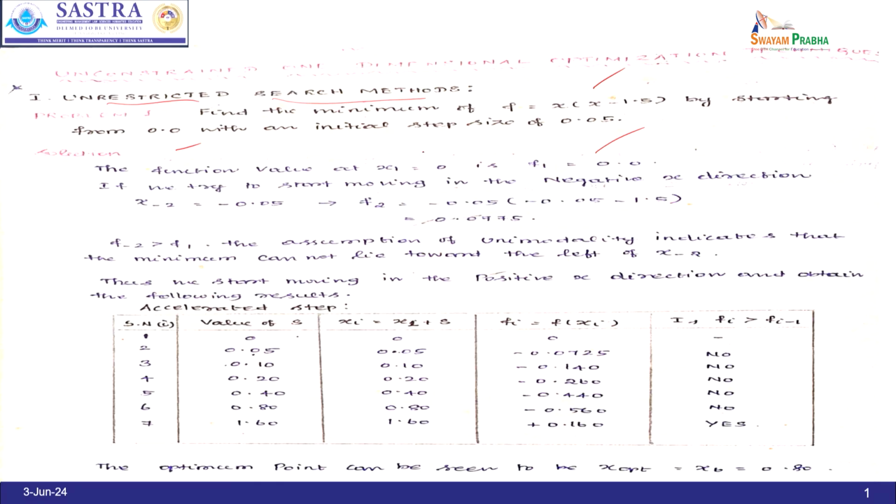The function at x1 = 0: simply substitute x = x1 = 0. Therefore, the corresponding f1 = 0.0, because 0 into anything is 0.